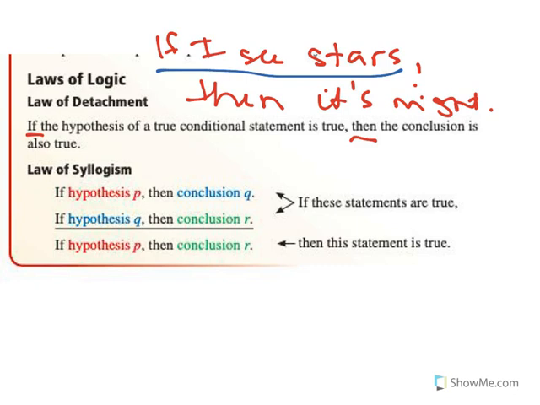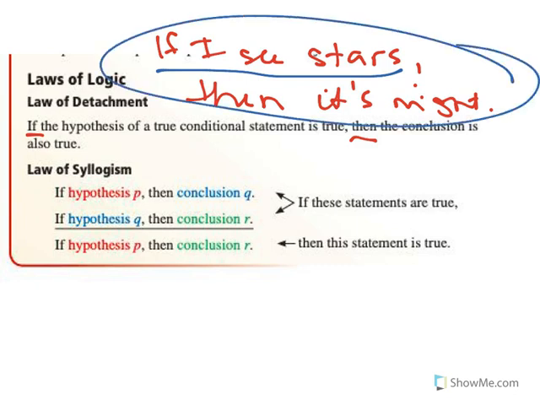The way this is going to be presented to you is that you'll get a conditional statement such as this, and then you'll get a piece of information. Say you're given the statement, if I see stars, then it's night, and then you're told, I could see the Big Dipper. Well, the Big Dipper is made of stars, right?